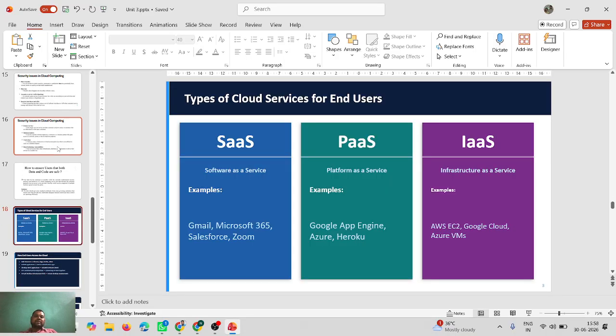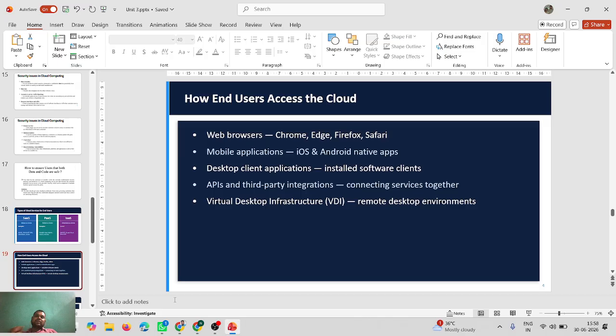As we have discussed already, there are different types of services, IaaS, PaaS, SaaS, and some examples for each service model. So how do end users access the cloud? By using web browsers, mobile applications, desktop applications, APIs, third-party integrations, or virtual desktop infrastructures. Using any one of these methods, you can access the cloud environment or cloud system, right?